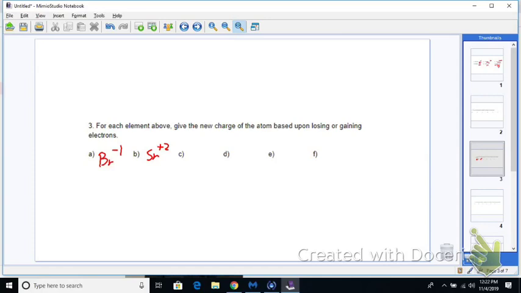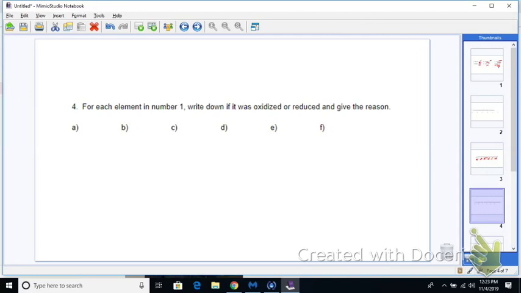Lead would be a +2 or 4. Arsenic is a -3. Sulfur is a -2. And krypton does not have a charge. So it would be 0 for that one. Okay.